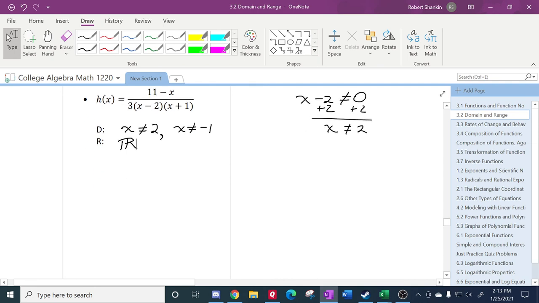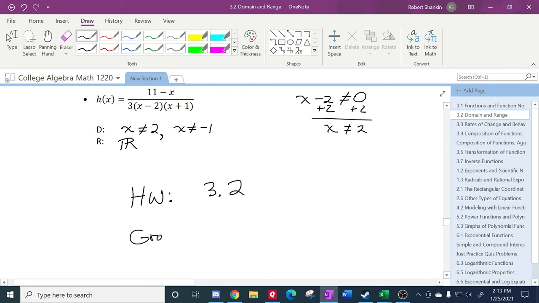All right, now the assignment, the homework, is section 3.2 on domain and range.